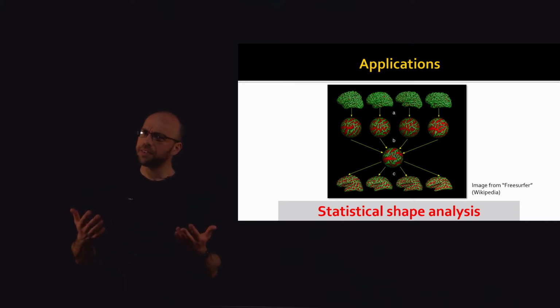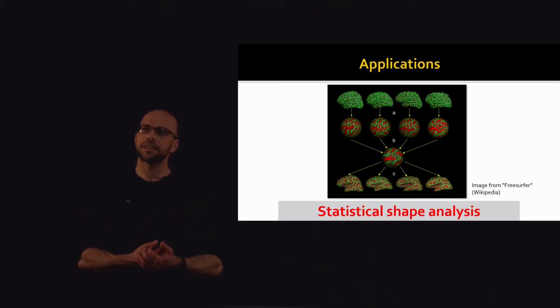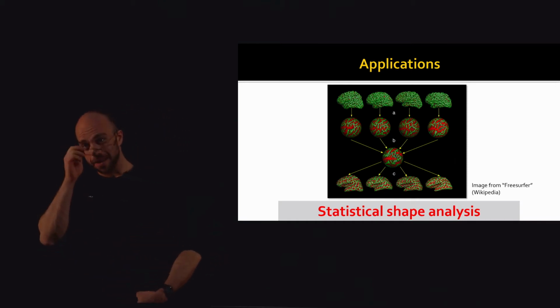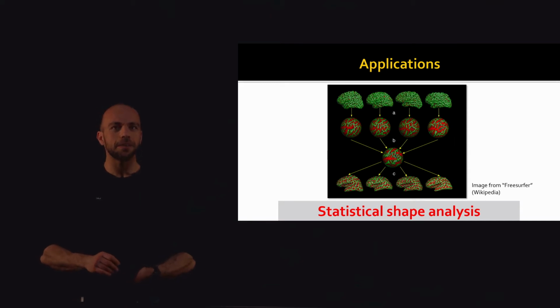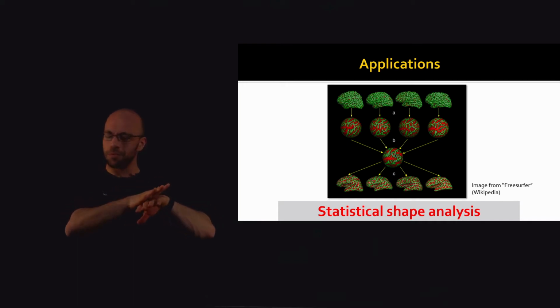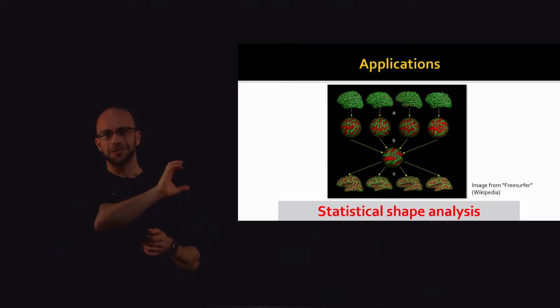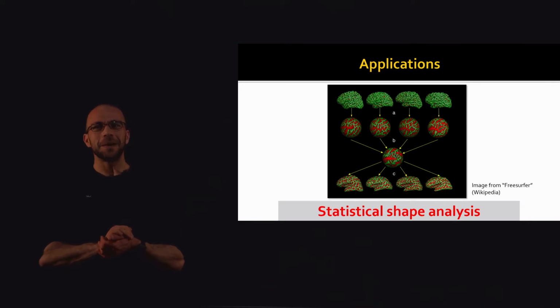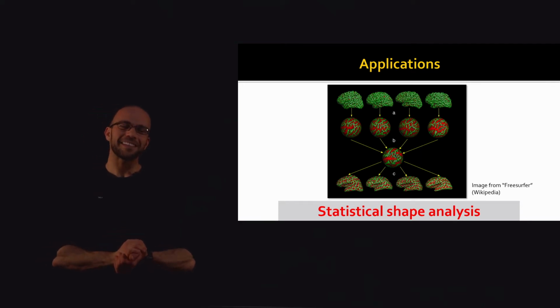One corollary of that, incidentally, is that the correspondence algorithm is really critical for getting statistical shape analysis right. So for example, if I map all of these brains to a canonical domain, but I do so poorly, so like the brains are all warped a whole lot from one to the other when I compose through the central sphere here, well, then when I do my principal component analysis, I'm going to get garbage, right?